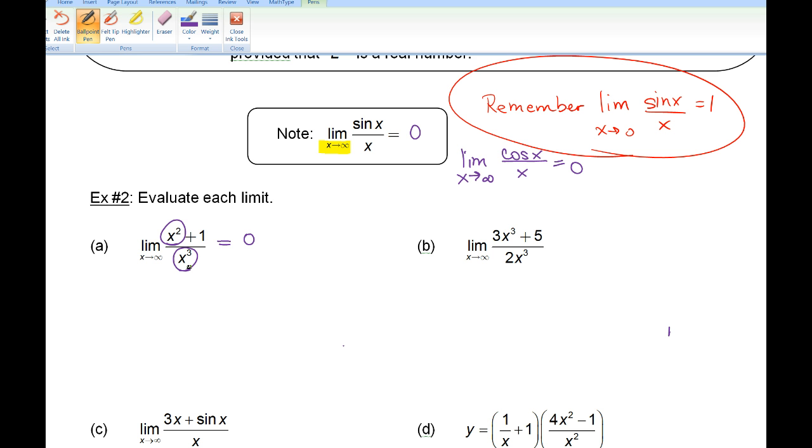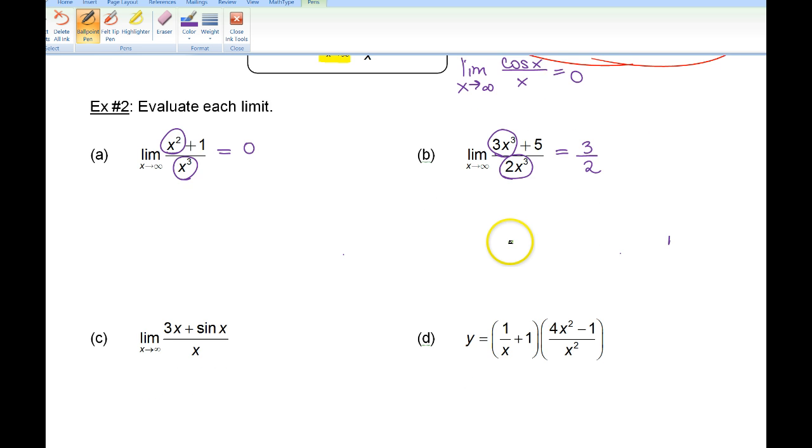Okay, next one. We have 3x to the third. This one falls under number 2. The degree of the numerator is equal to the degree of the denominator. So our horizontal asymptote is the ratio of the leading coefficients. So 3 over 2, and then negative 3 over 2 also, right? Like 3 infinity over 2 infinity.